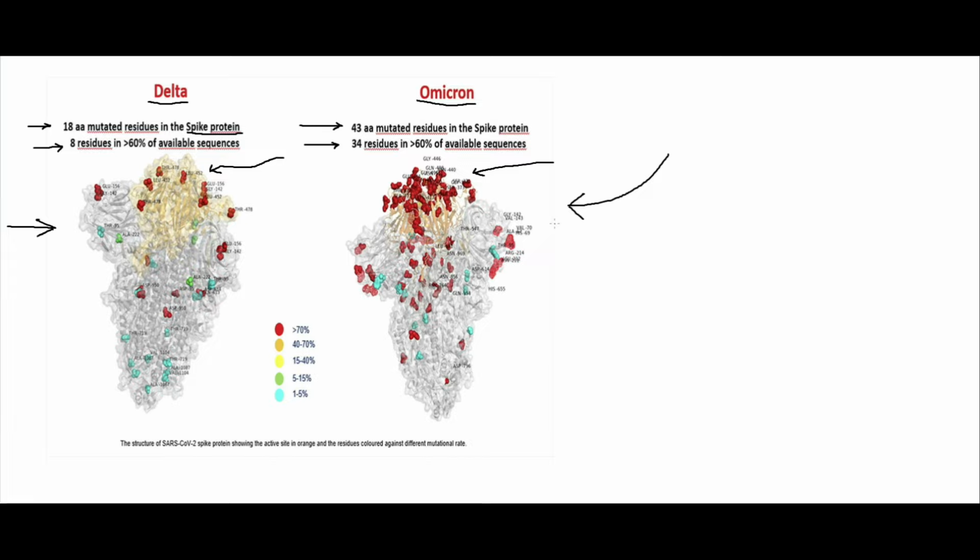It makes the Omicron variant quite different from other variants, including the Delta variant, and that's why scientists are very concerned about this particular variant.